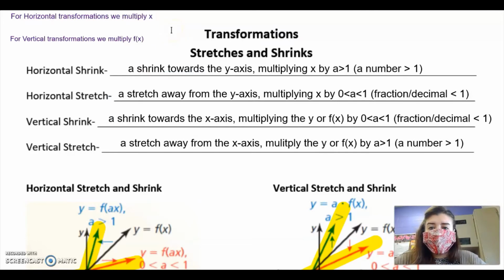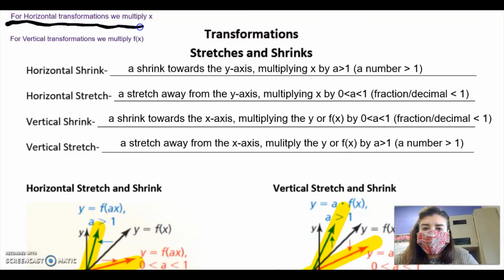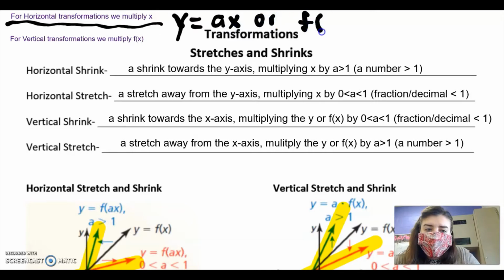So for horizontal transformations, up in this left corner, we have a function where x is being multiplied. So we have an a times an x, or it could also look like an f with something times x on the inside.